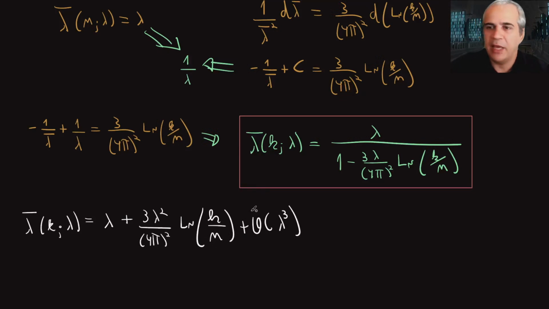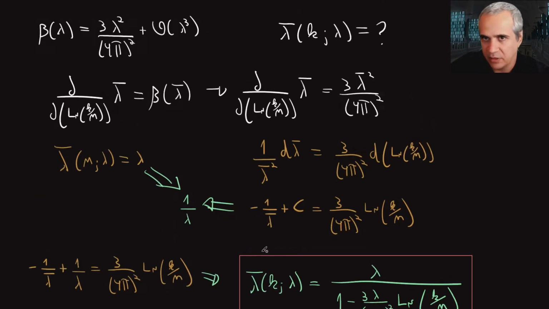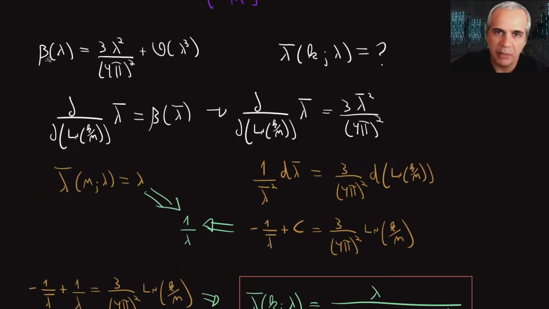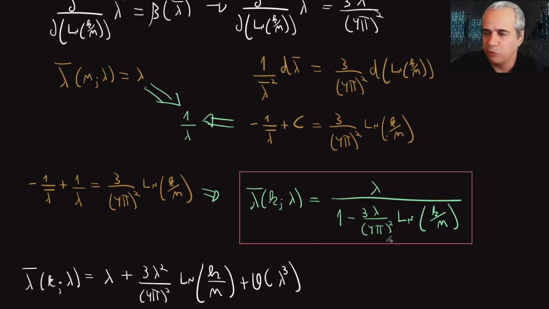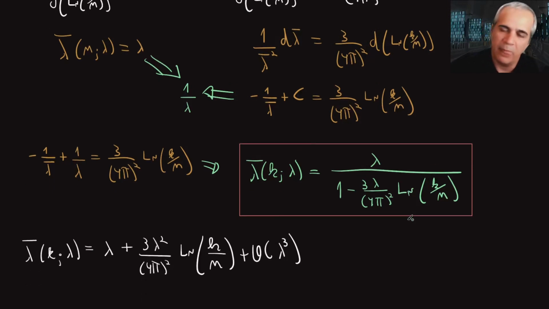And if I had, say, included two loop effects in my theory, they would show up here in the beta function, right? There will be this order lambda cubed or even order lambda 4 correction here that changes the solution to my differential equation, but it would show up here already in a resummed way, which shows me that stopping at loop expansion is better than stopping in the coupling approximation.